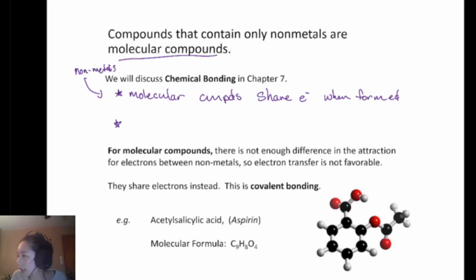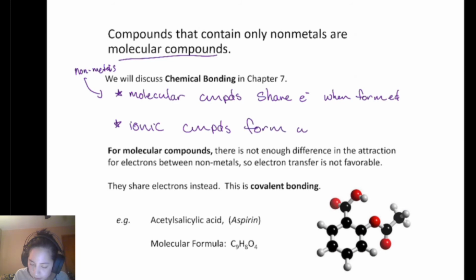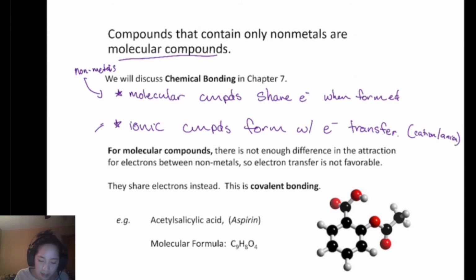and ionic compounds form with an electron transfer. We produce a cation and an anion, and this is because we have a metal and a nonmetal.